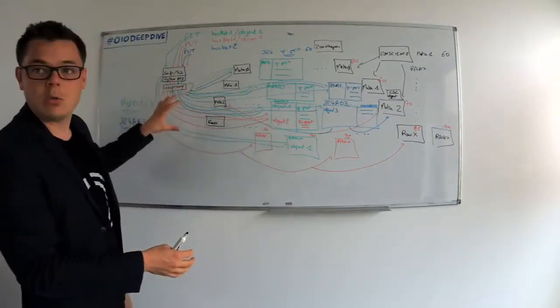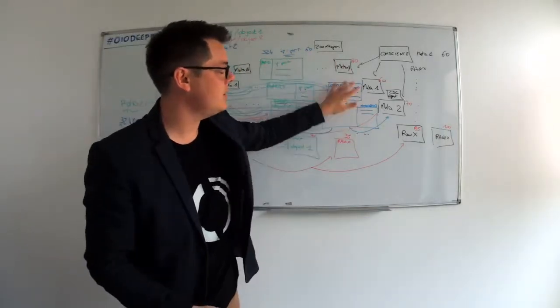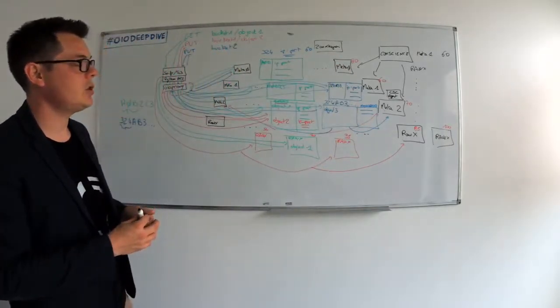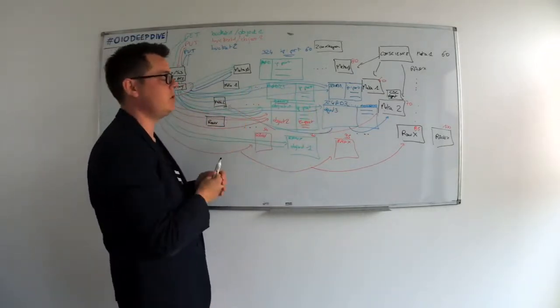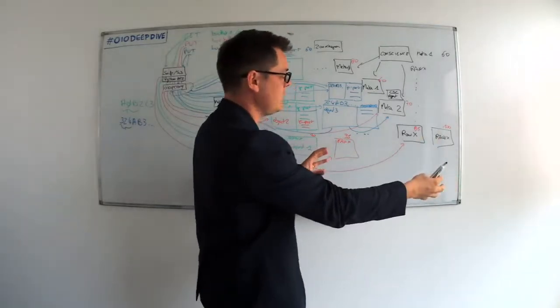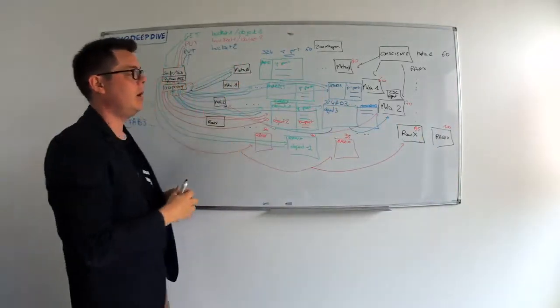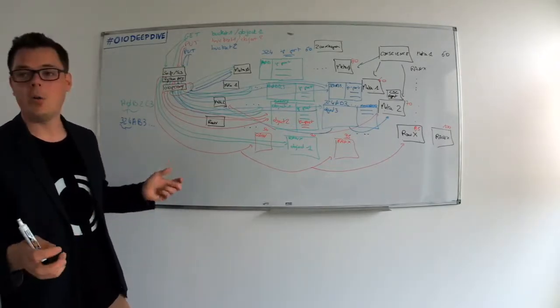The old object will be still available. You can still read it because you have all the information in this indirection table. So they will be still in the previous protection scheme. And the new ones will be in the new protection scheme. And if you want to put the old object in the new protection scheme, you just have to somehow replay it.